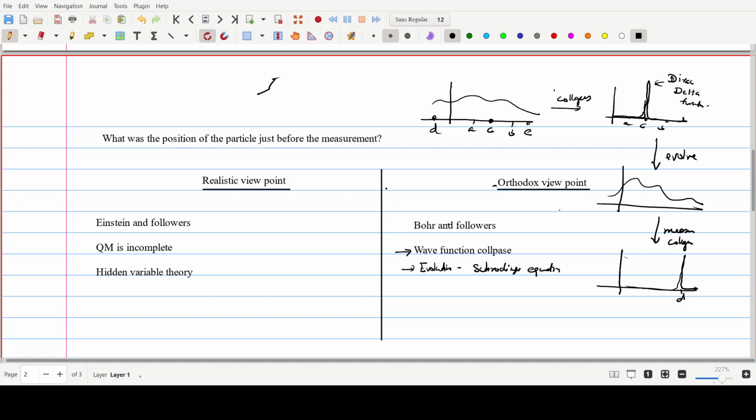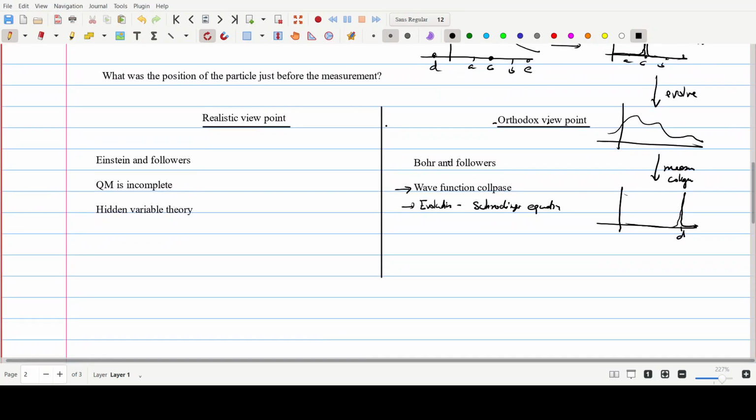There is one paradox called the Einstein-Podolsky-Rosen paradox, which is connected with the phenomenon called entanglement. So much beautiful physics has come forward due to this difference of opinion between the orthodox team and the realistic team.